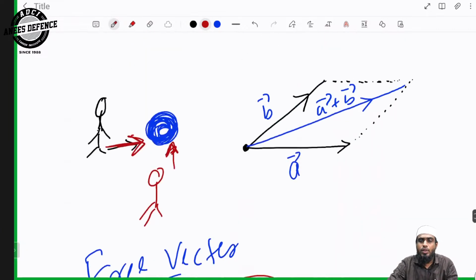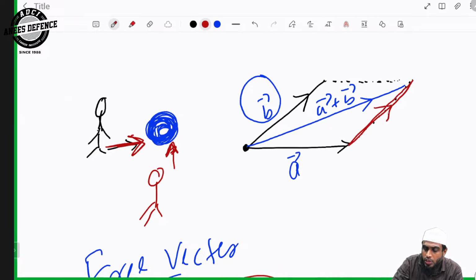So coming back to the parallelogram law of addition, here you can see this vector B, if we consider it as a free vector, without changing the magnitude, you can move that vector to a different position. So B can be put here also.